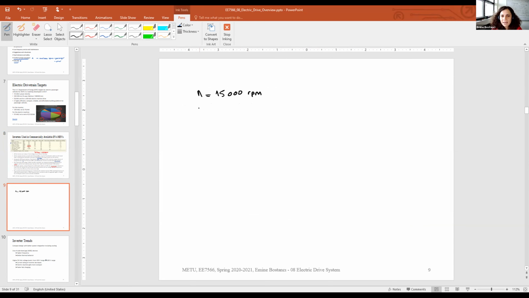So what is the maximum fundamental frequency of this drive system? How do I calculate it? The maximum fundamental frequency is going to happen at the maximum speed, and assume that we do it for a synchronous machine.